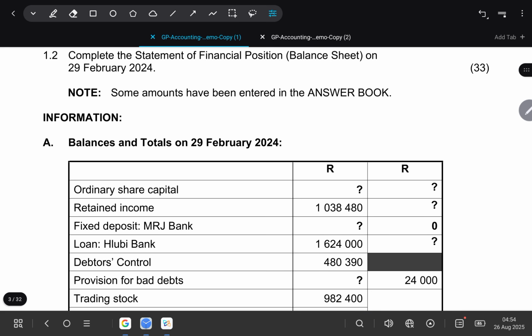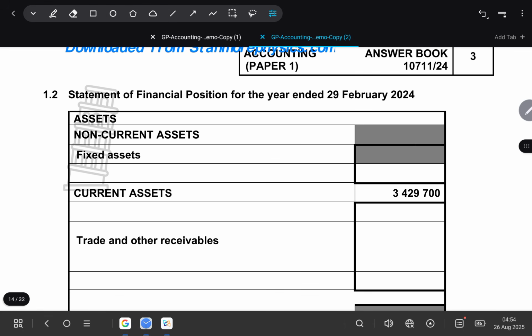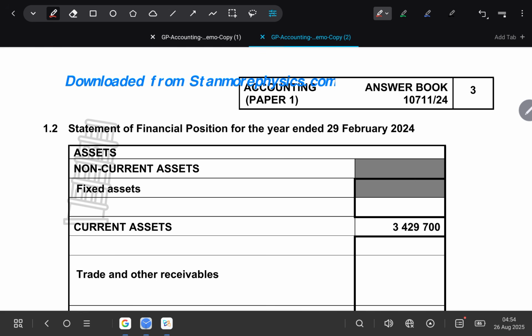I'll firstly look at the format of our balance sheet. Remember, in our format, you need to make sure that you complete it first so that it becomes easy for you.